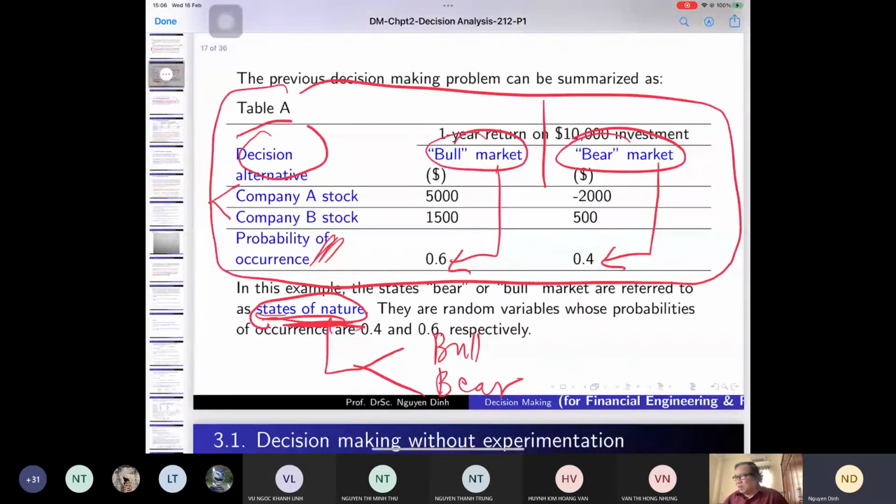If you look at stock A, in the bull market, the payoff is 5,000. In the bear, minus 2,000. So if you look at the row like this, from the bull to the bear, you take the min. The min is minus 2,000. And for company B, the min is 500. You take the min of both rows.